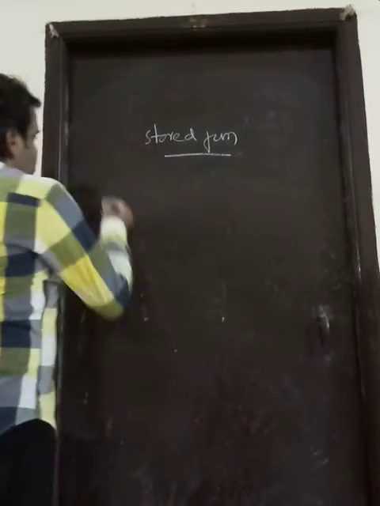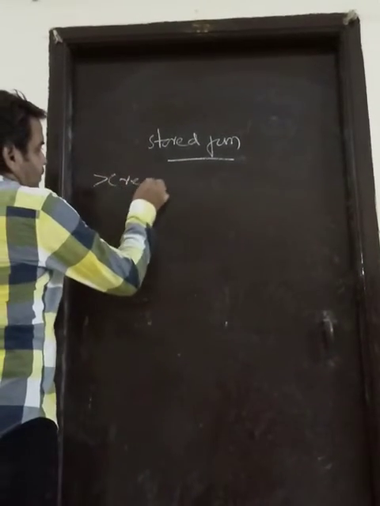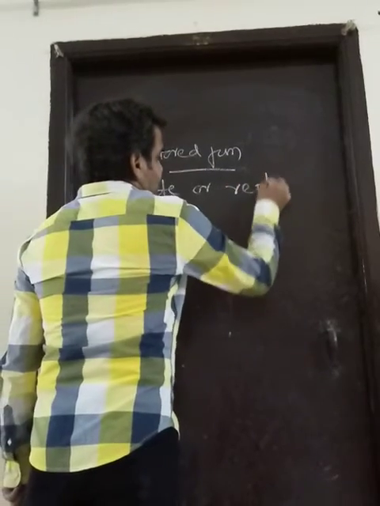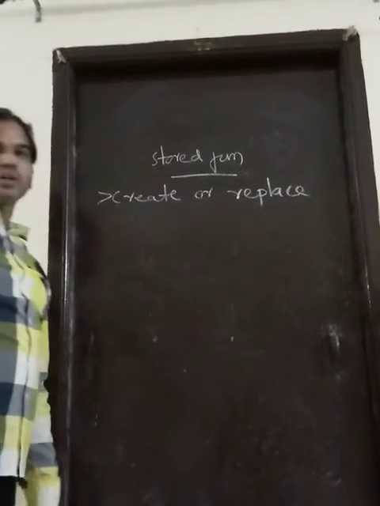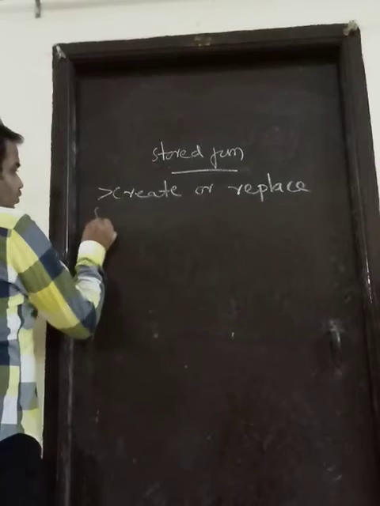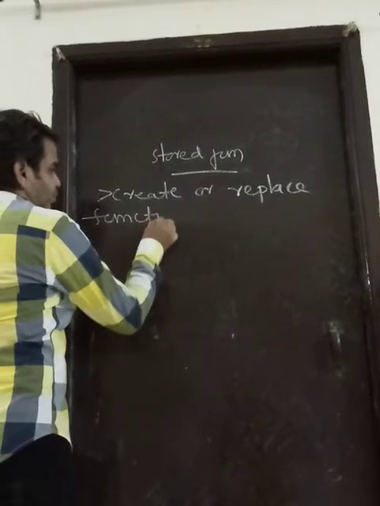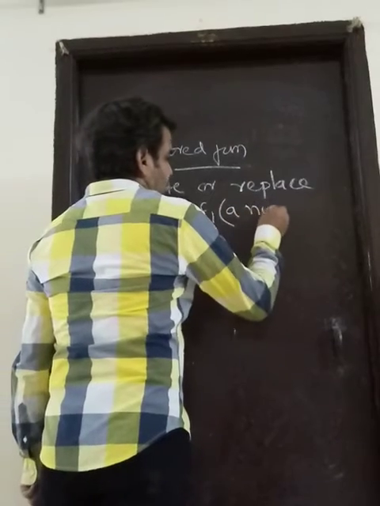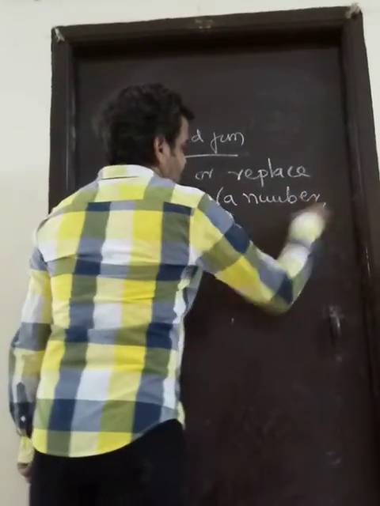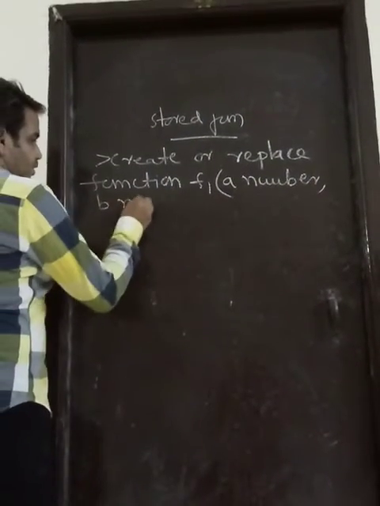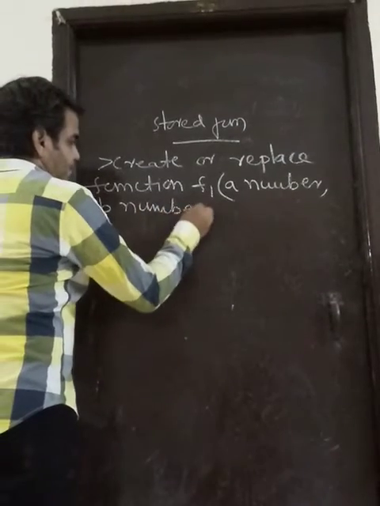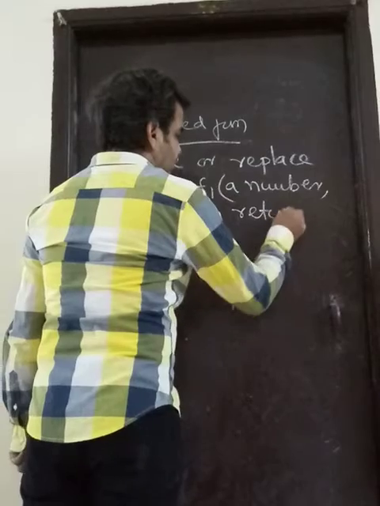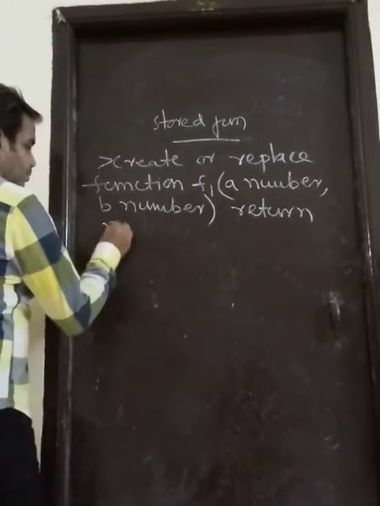We will see. See, create or replace function F1 A number comma B number, then we should write return number is.